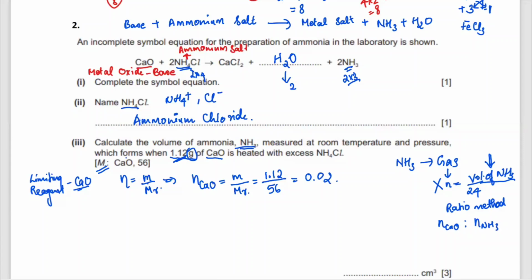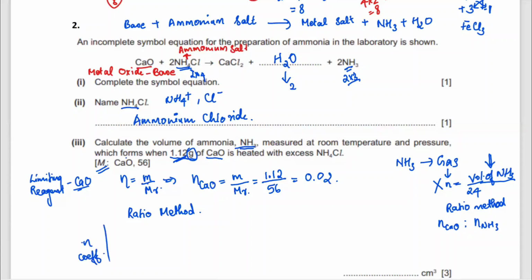Now, we will be using the stoichiometric ratio method to calculate the number of moles of NH3. According to the stoichiometric ratio method, we will be calculating the number of moles with respect to the coefficients.